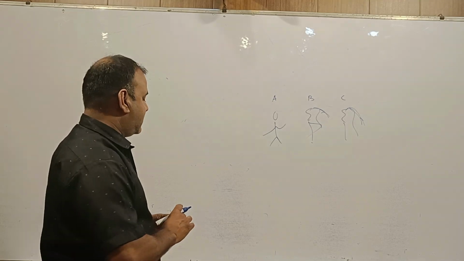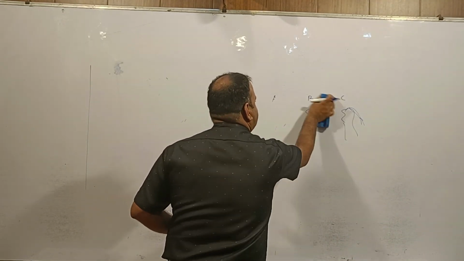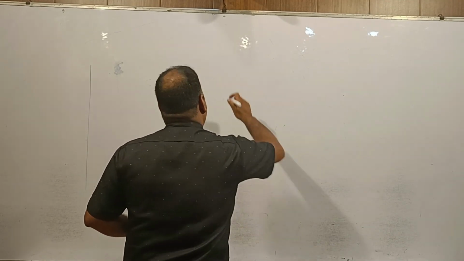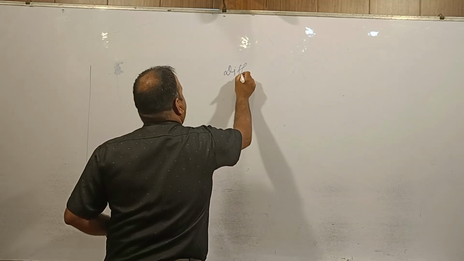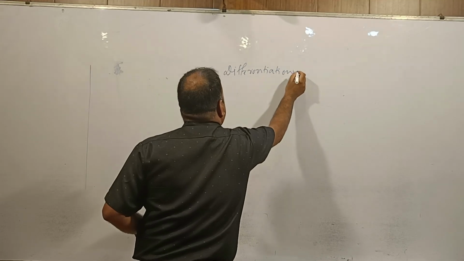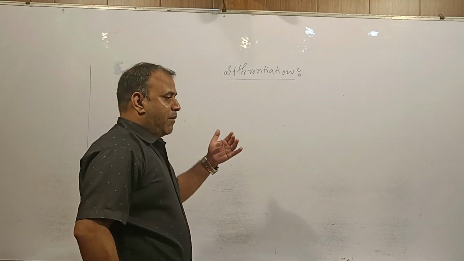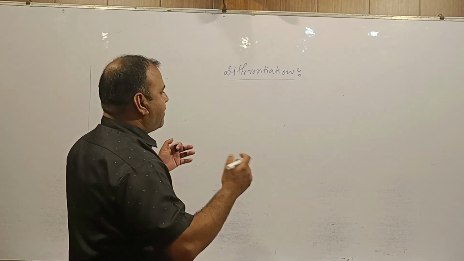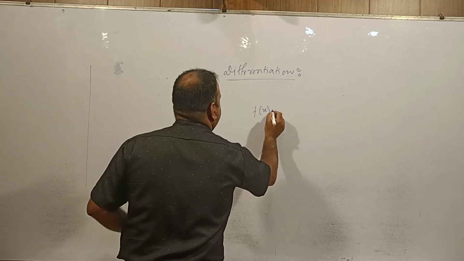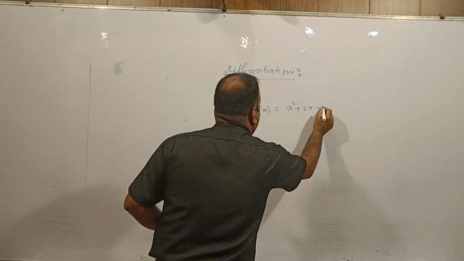Now remember, in physics and in maths, when I talk about variables, the topic is differentiation. In maths or physics, suppose I write here f(x) equals x square plus 2x plus 3.